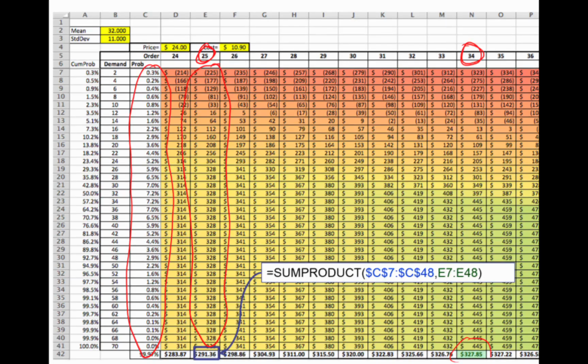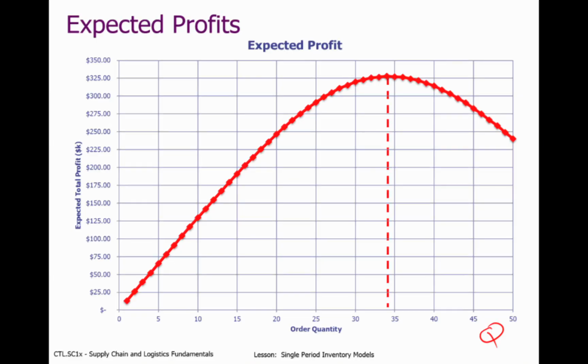Let me just go back here. This bottom row shows me the expected total profit for each order quantity that I have. It's row 42 from the spreadsheet. As it showed, the total profitability increases, peaks out at a certain point, and then decreases.